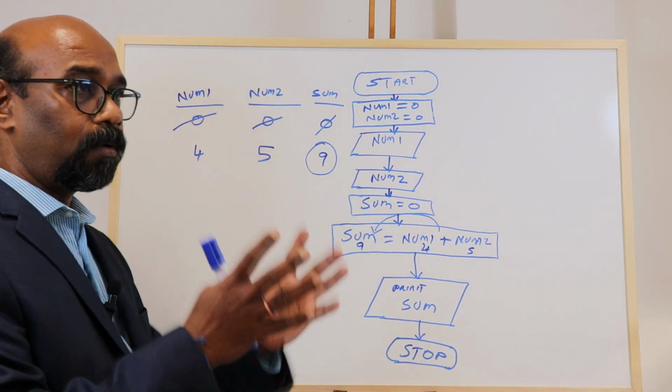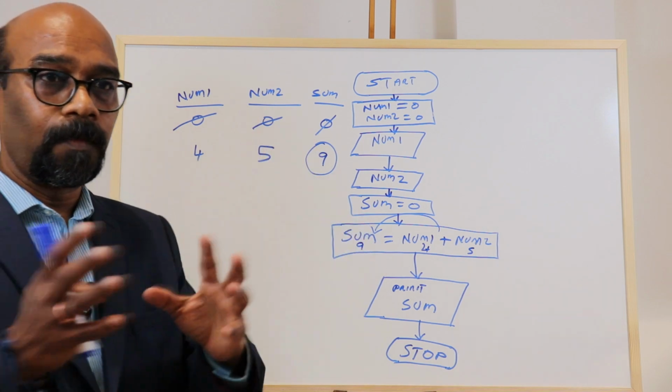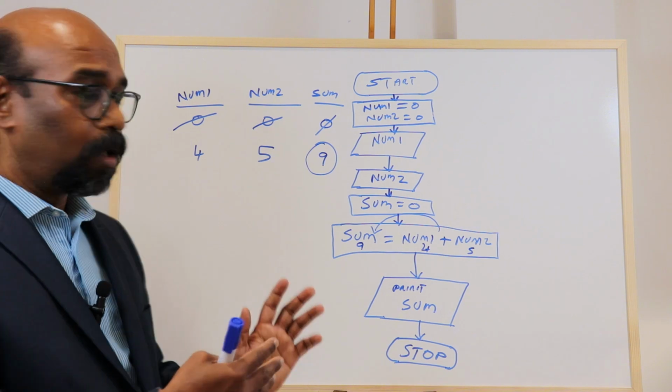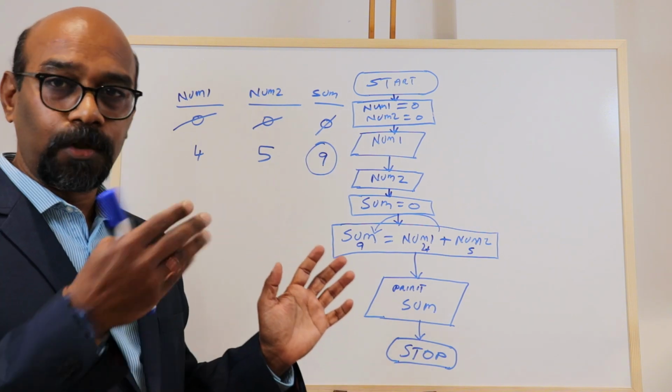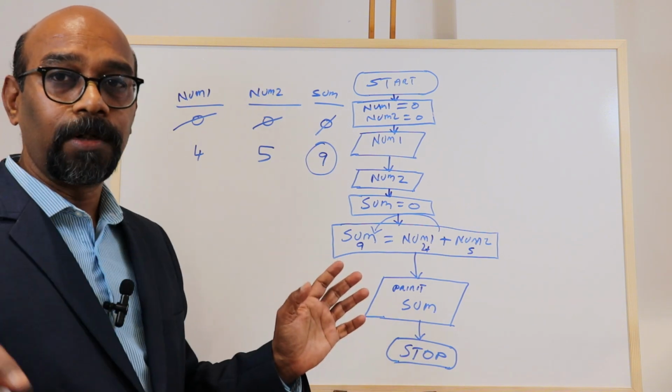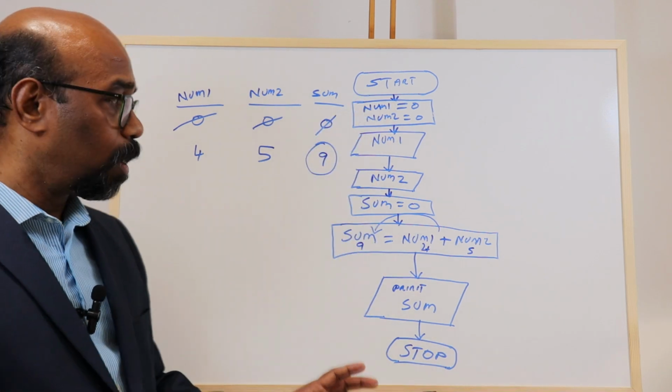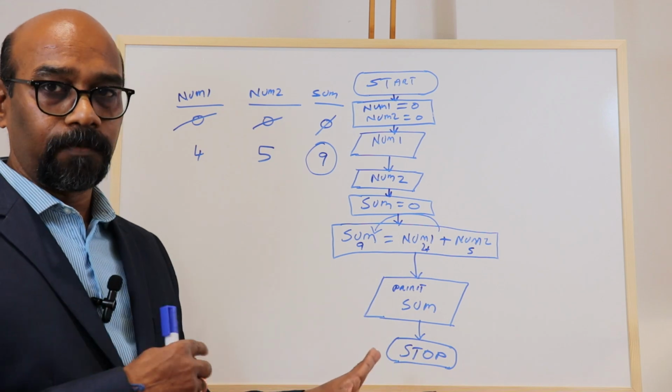Then we'll solve each system by doing analysis in a diagrammatic way, which is a flowchart. In system analysis, we'll add more symbols, but let's not worry about that now. Now you have the idea of what a flowchart is and how to solve a problem. This is a very simple problem.